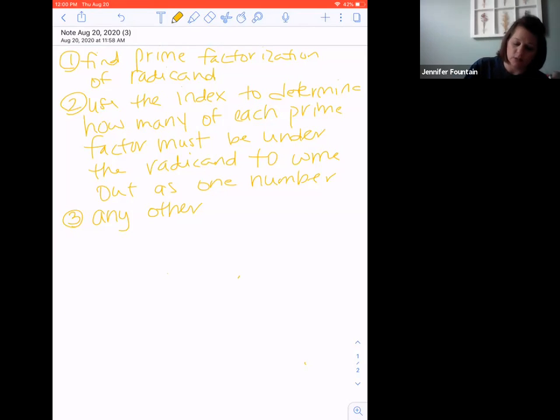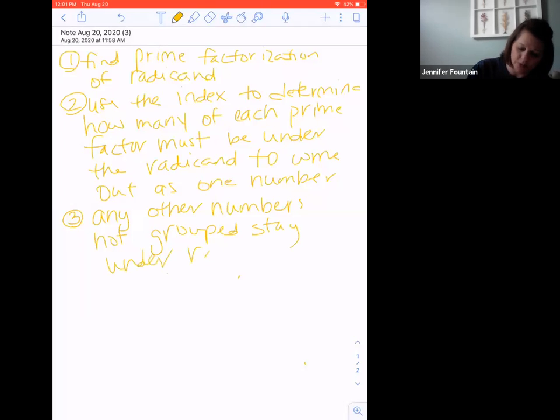Okay, so step 3, any other numbers not grouped stay under the radical, multiply whole numbers outside of radical.